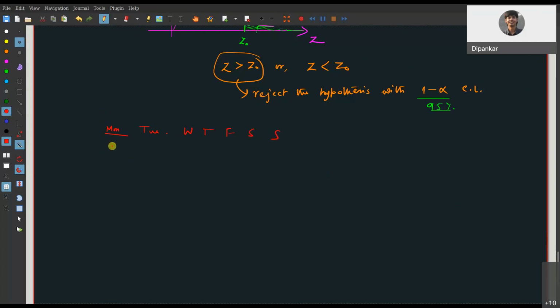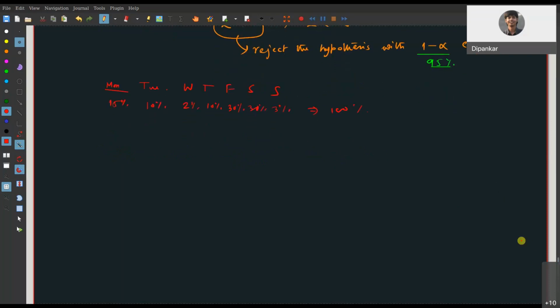That person gives you the percentages: I don't know, 2%, then Thursday is again 10%, and Friday is, let's say, 30%. Saturday is again 30%, and Sunday is the rest. I do not know how much this adds up to. I hope I have not crossed 100. So the total is 100%, of course, if I have made this addition correctly. So this is the theory. So this is your theory.